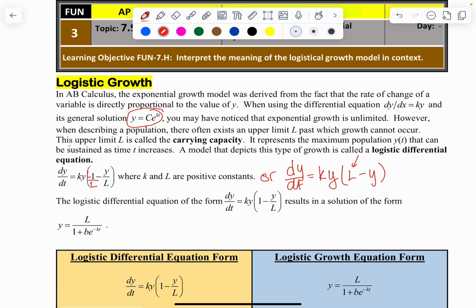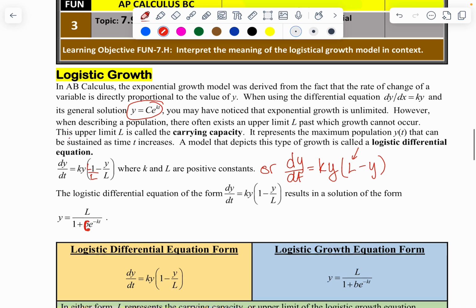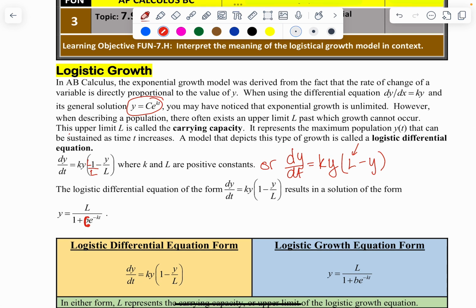I'm going to rewrite this B right here as a C because that is going to be our C of the equation. So just like we had a C in this one, because we are technically separating and integrating when we do this, we're going to have a C here. And the reason I like to put a C here is because it's easy to remember the following.